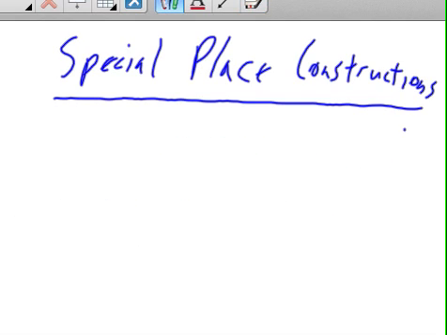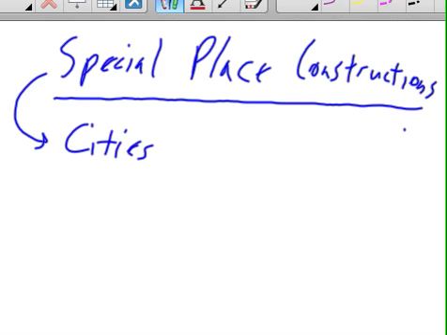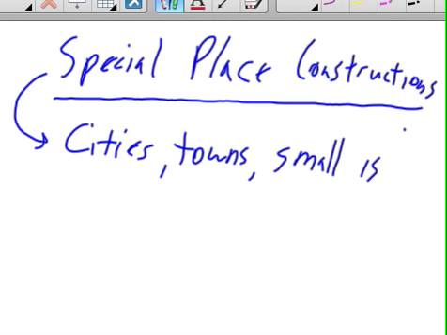Woohoo! Okay, special place constructions. Special place constructions, besides applying to those two exceptions we just mentioned, also apply to any cities, towns, and small islands. Not medium-sized ones, definitely not large ones, but small islands.